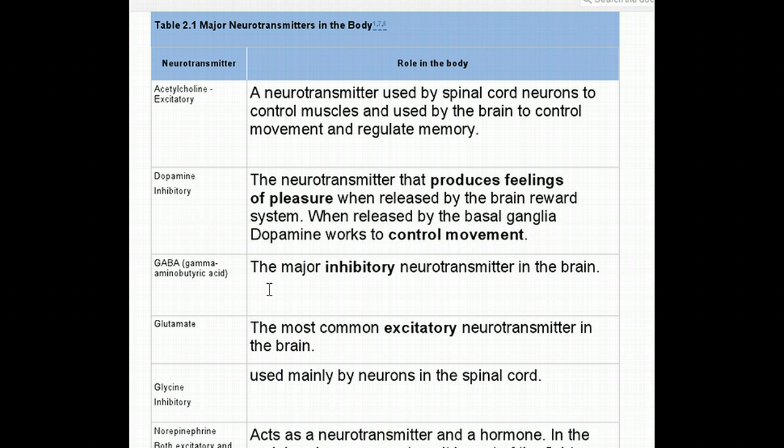The major inhibitory neurotransmitter used by neurons in the spinal cord is glycine. Now again, think of inhibitory neurotransmitters as kind of putting the brakes on, because you can't always be accelerating. You have to use your brakes once in a while. That's what inhibitory means.